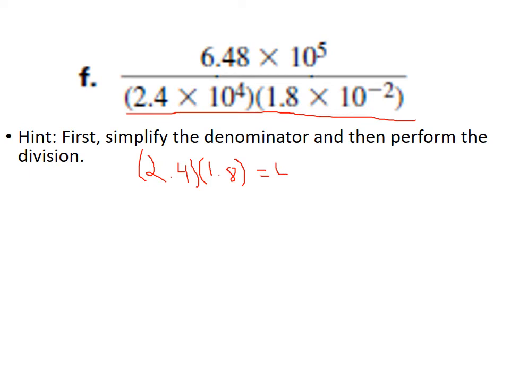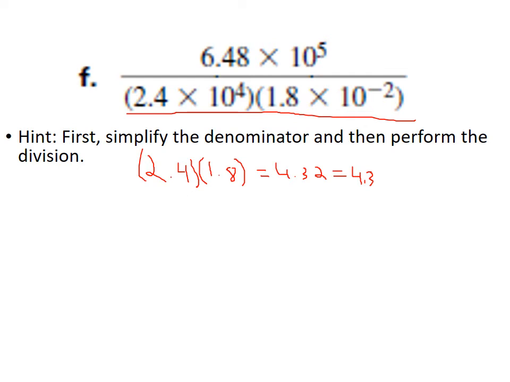We get 4.32. Since it's two sig figs, I'm going to round it to 4.3. I'm rounding down because the 2 there is not higher than 5.